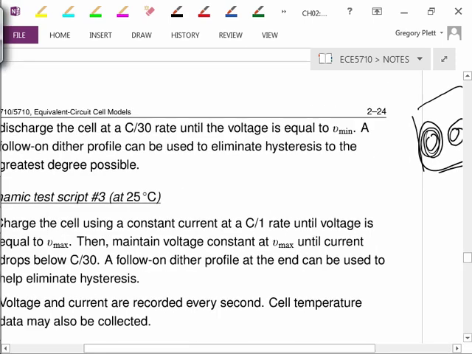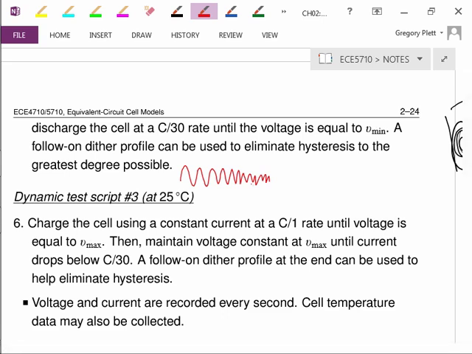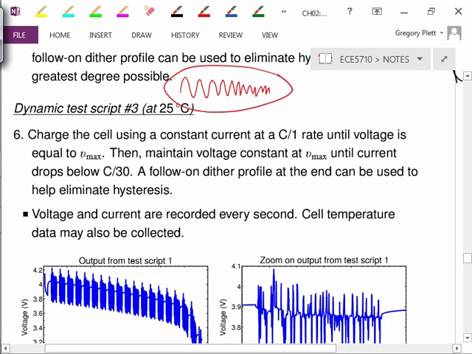And that's the goal of this dither here: I am subjecting this cell to a profile of a very, very small current, but of increasing frequency, that's trying to get this hysteresis to collapse. I've found this to be really effective in practice, and you'll see it in the results at the bottom of the page. It's optional, but I find it helpful.